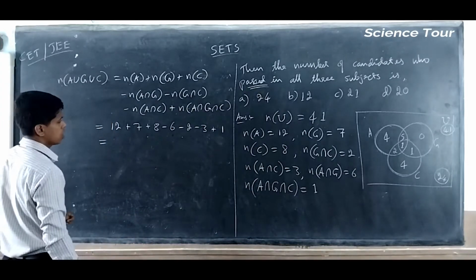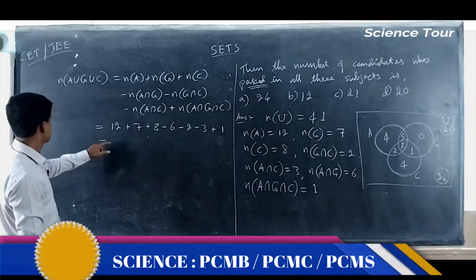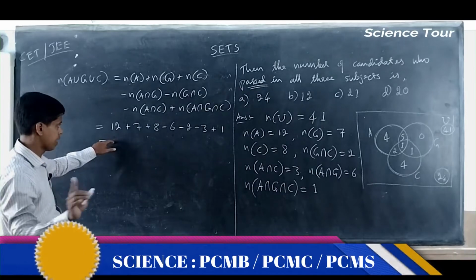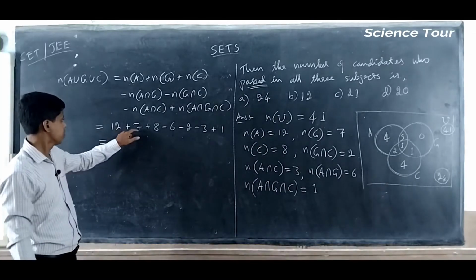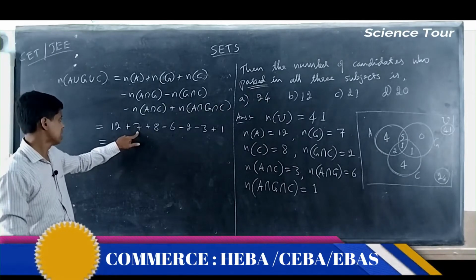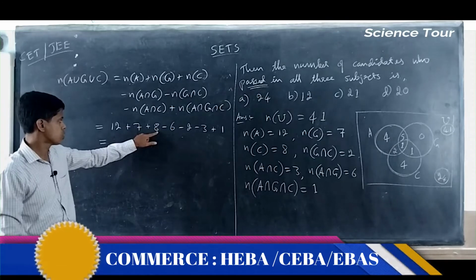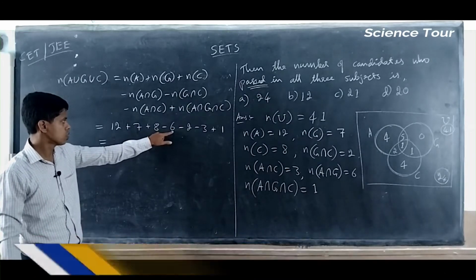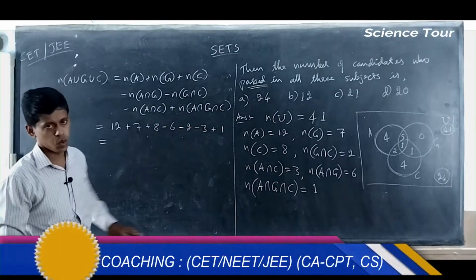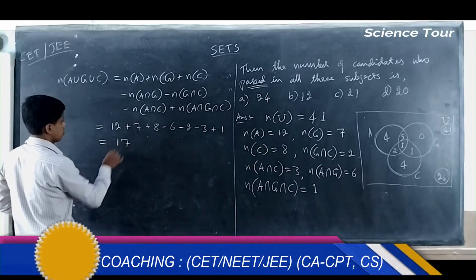You have got totally 17. Let me add again, I'm sorry. So 12 plus 7, you have got 19, 19 plus 8 is 27, so this is 21, 19 and 16 plus 1, that is 17 obviously.